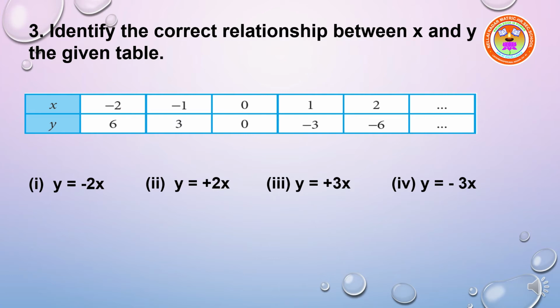Now, if we move on to the fourth one, y is equal to minus 3x. Here, if you substitute minus 2, minus 3 into minus 2, minus into minus becomes plus. 3 2s are 6. So, plus 6 is got. So, I can say that the fourth option is the correct answer. Therefore, the answer is option 4, y is equal to minus 3x.